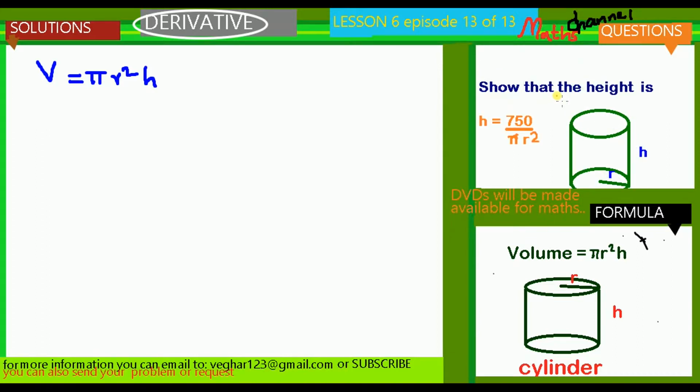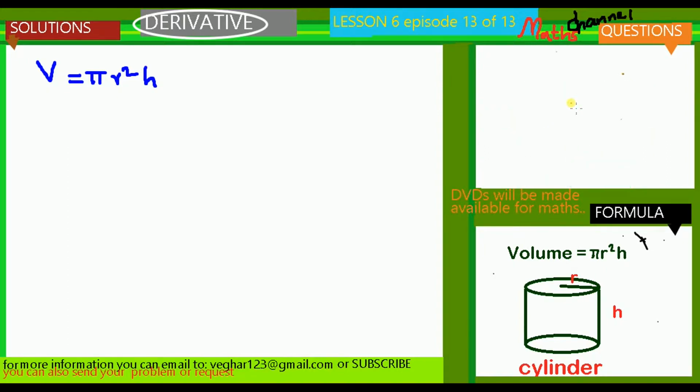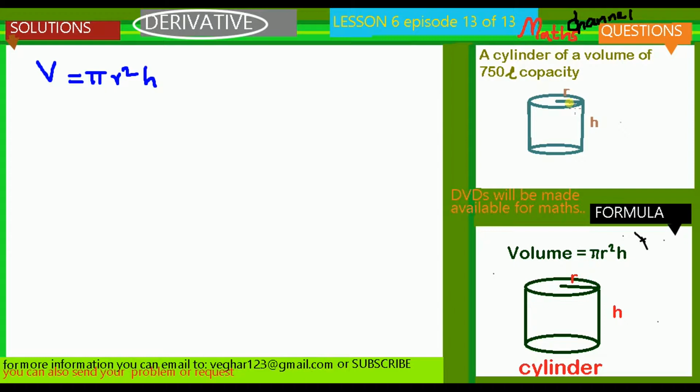It's the first question. Show that the height is this. So how do you show the height? Because here, let's go back to the question. Because here we are given that the volume is 750, so we write the volume is given 750.